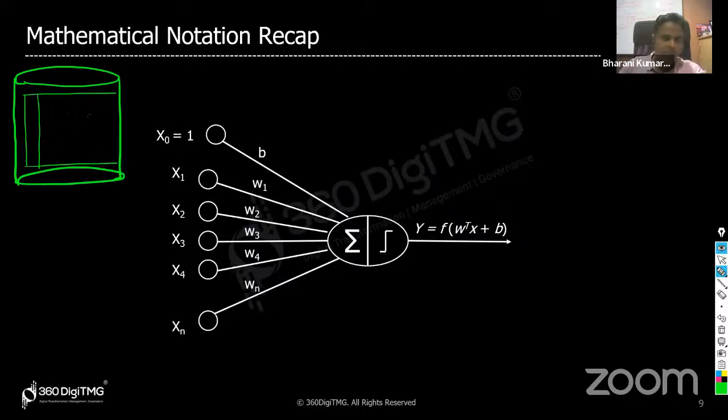You have your output, and x1, x2, x3, x4, and x5. So you have 5 inputs. This is your output, and say these are your inputs.